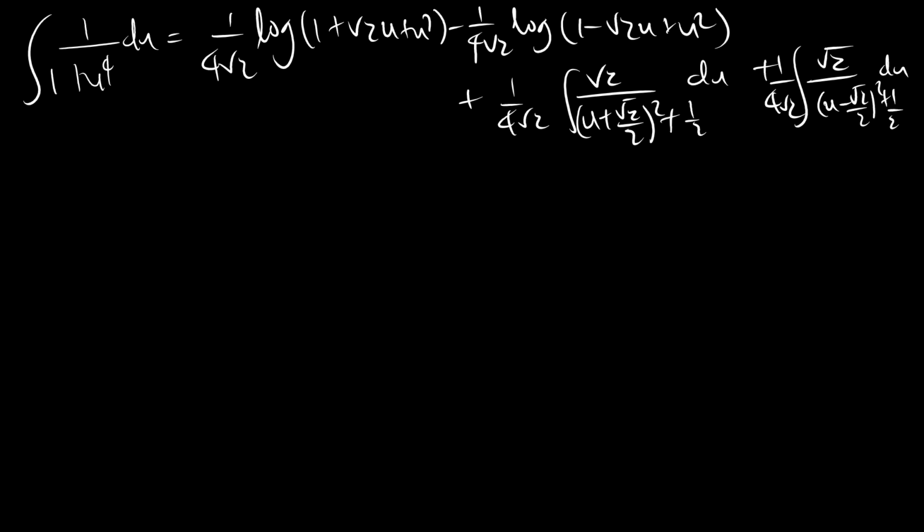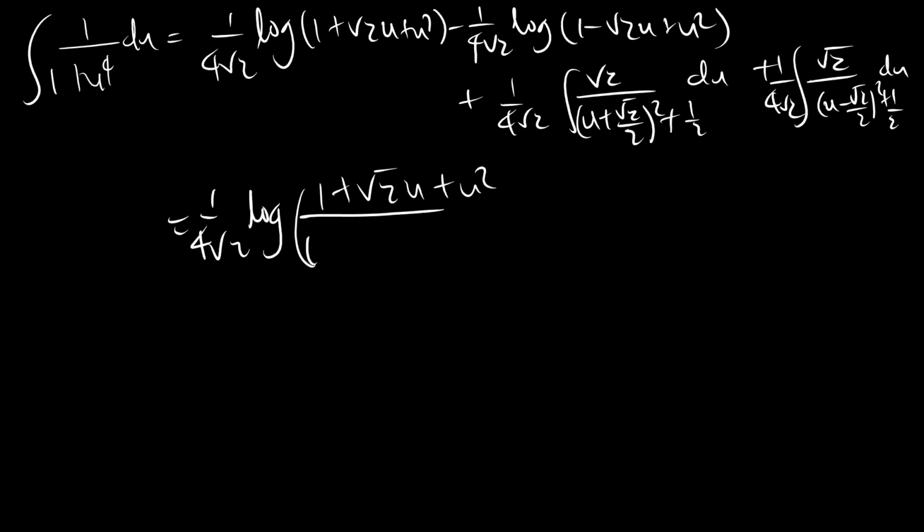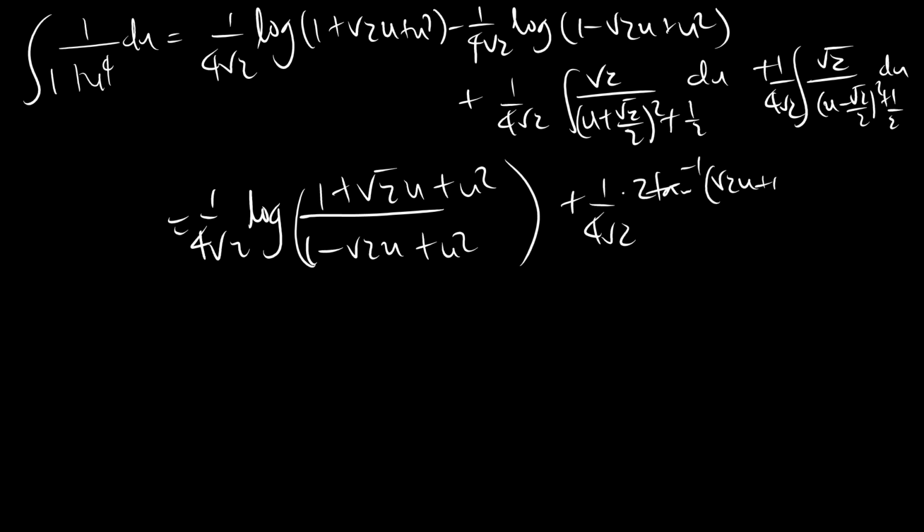Okay, this becomes, we can consolidate the logs using the rules of logarithm. So we have 1 plus root 2u plus u squared over 1 minus root 2u plus u squared, plus 1 over root 2 times 2 arctangent of root 2u plus 1 plus arctangent of root 2u minus 1 plus c.